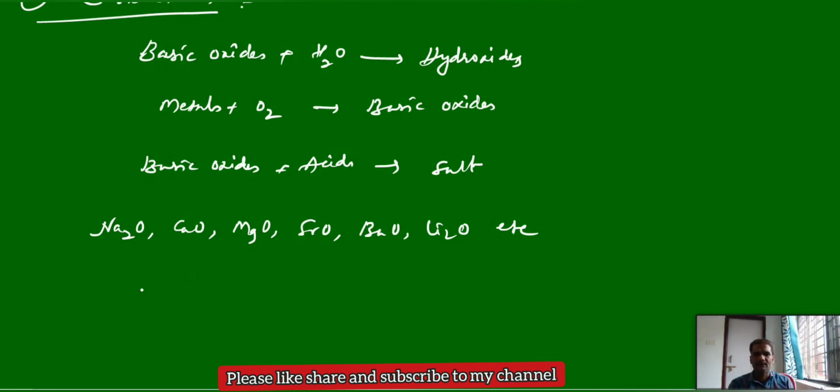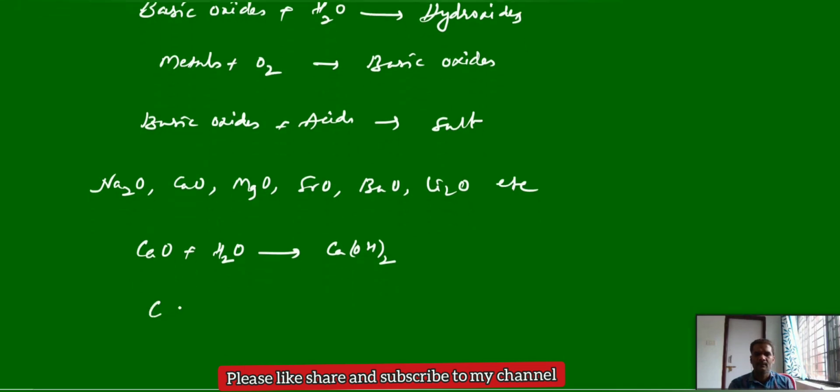For example, when calcium oxide is dissolved in water, you will get calcium hydroxide. They form their corresponding hydroxides. And if you treat this calcium oxide with sulfuric acid, what will you get? Calcium sulfate, a salt. Like this, the reactions can take place.